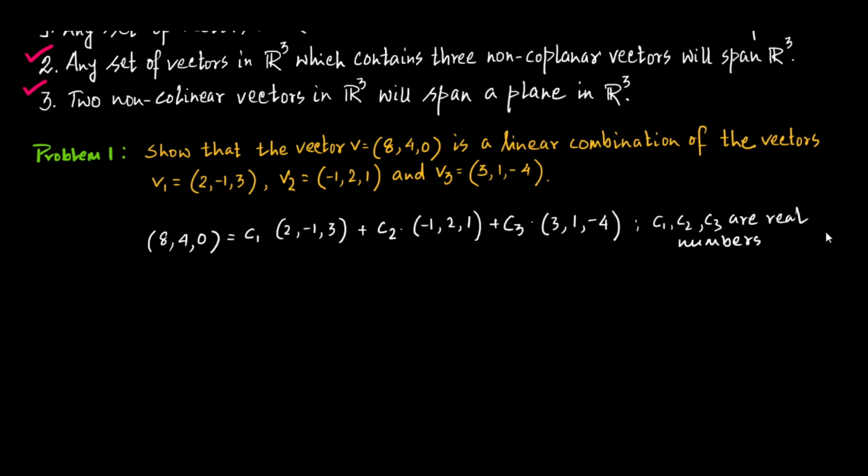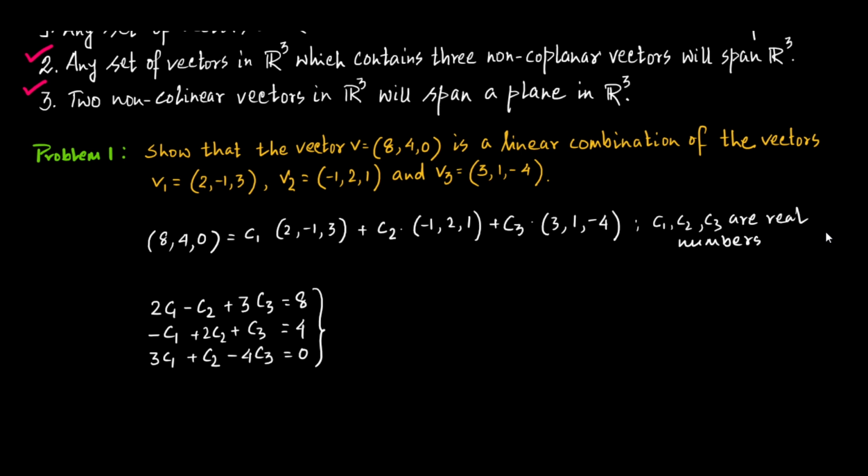Now, if we simplify this, we will get a system of linear equations given by 2c1 minus c2 plus 3c3 is equal to 8, minus c1 plus 2c2 plus c3 is equal to 4, and 3c1 plus c2 minus 4c3 is equal to 0.